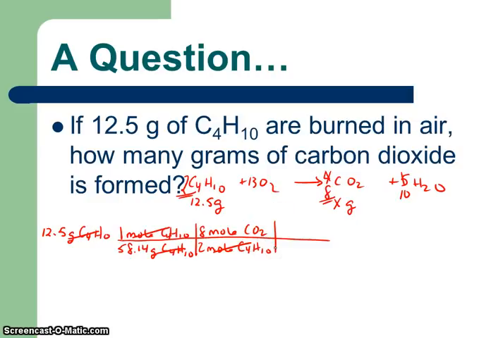We don't want moles of carbon dioxide in our answer, though. We want grams, so we're going to have one more step in our stoichiometry problem. For every 1 mole of carbon dioxide, we need to know what our molar mass is, which is 44.01 grams.